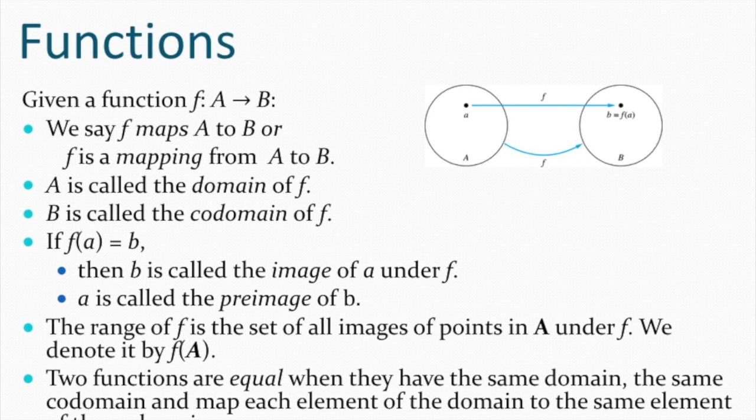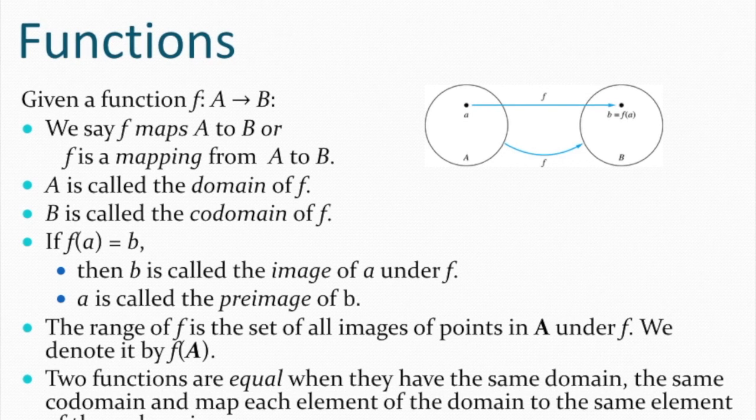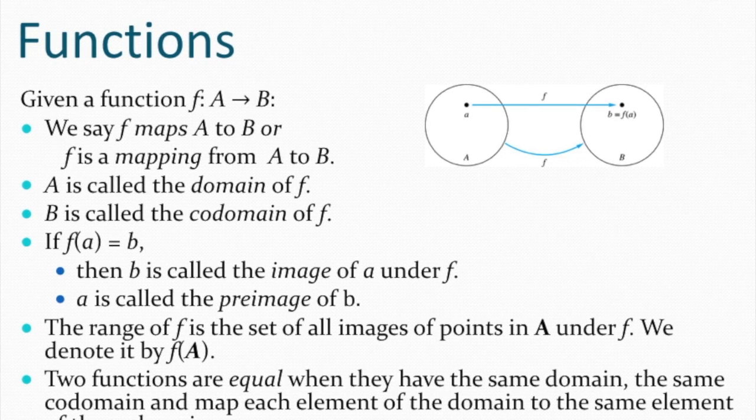Two functions are equal when they have the same domain and the same codomain and the same mapping. So each element is mapped in the same structure, the same condition, the same relationship from the domain to the codomain.